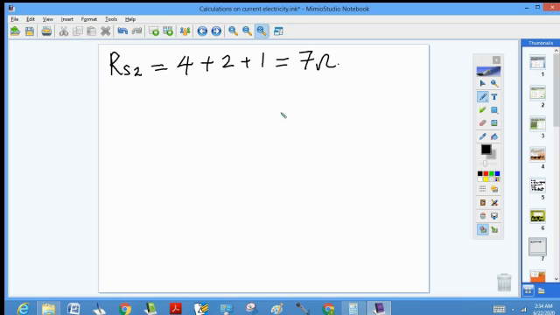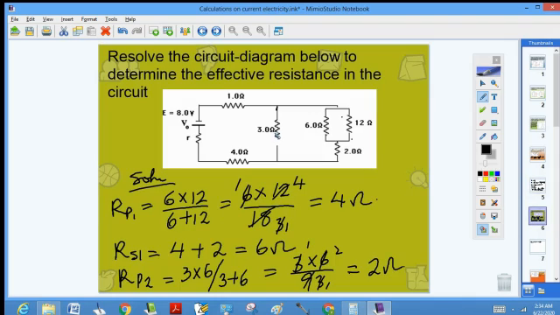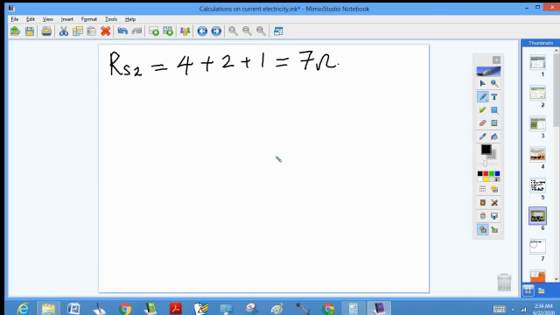Having found that to be 7 ohms, that's exactly what we are asked to find. We are asked to find the effective resistance in the circuit. So that is 7 ohms.